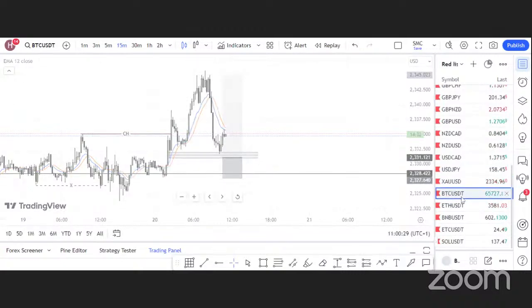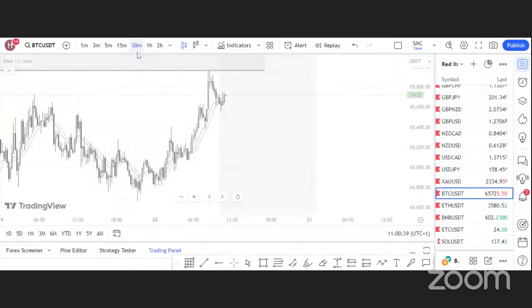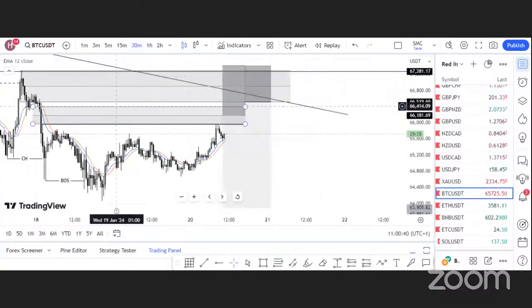So I think we have analysis on BTC USDT. Yes, we do have an analysis on BTC USDT, but the market hasn't gotten to our predicted point of entry.